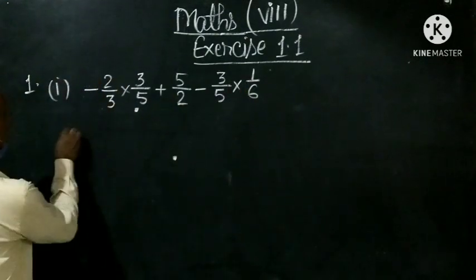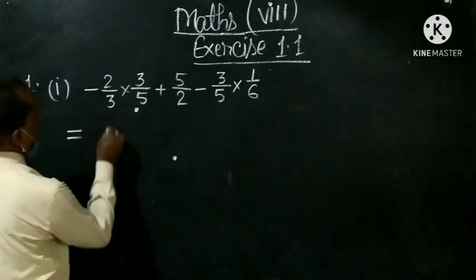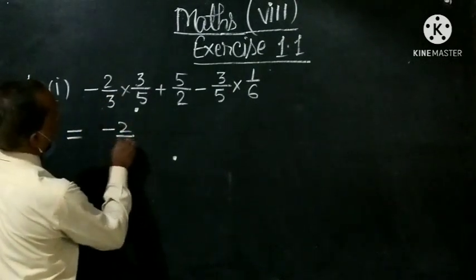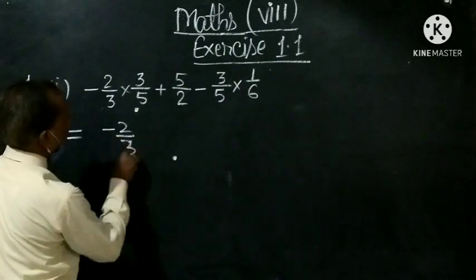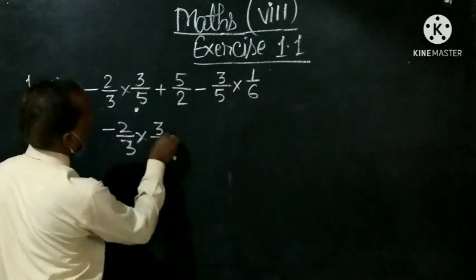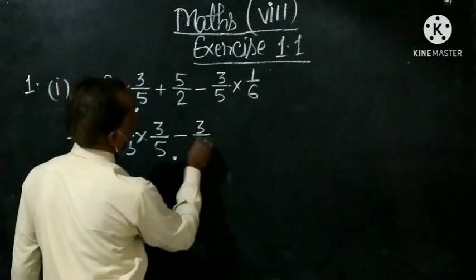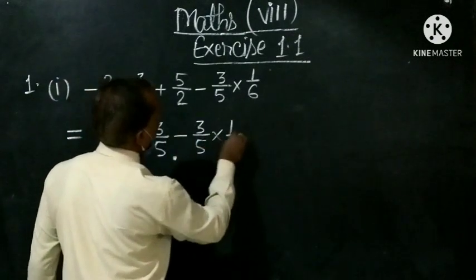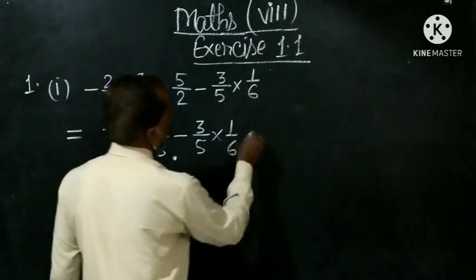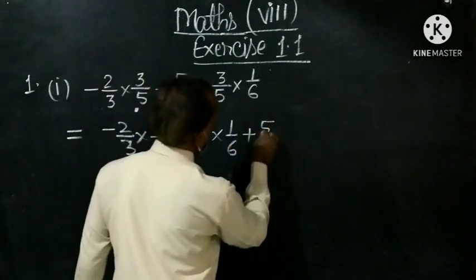In the second step, I write down minus 2 upon 3 into 3 upon 5 minus 3 upon 5 into 1 upon 6 plus 5 upon 2.